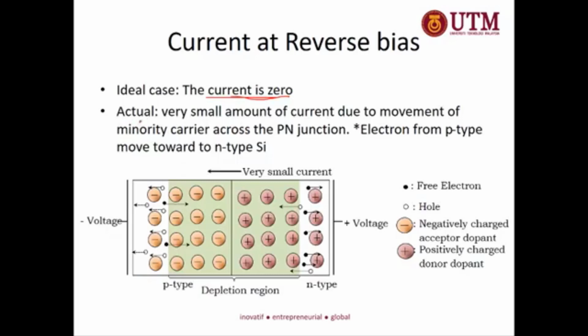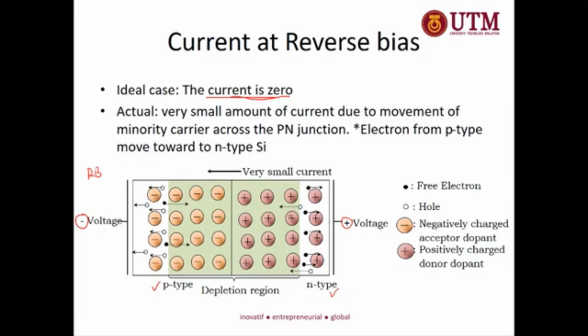In actual PN junction, this diagram shows the PN junction at reverse bias. We have the P type and the N type. At the P type, we apply negative voltage, and at the N type, we apply positive voltage. So this is a reverse bias. At reverse bias, the depletion region becomes wider, so we cannot expect any current flow.